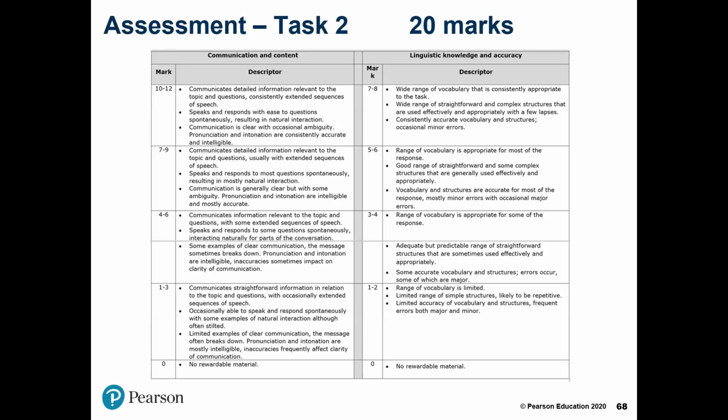And pronunciation and intonation are consistently accurate and intelligible. They need to sound clear. If they have a good English accent, that's great, but they don't need to have a perfect English accent. What they need to do is to pronounce the words clearly, and the intonation needs to be clear.